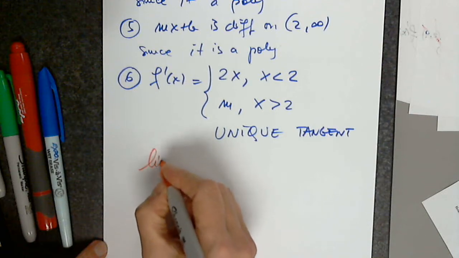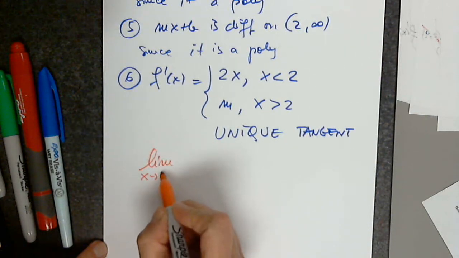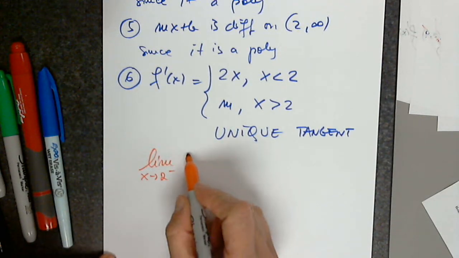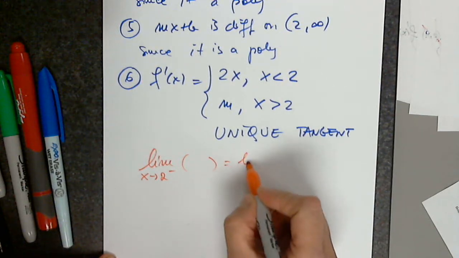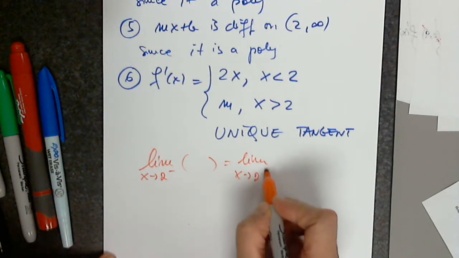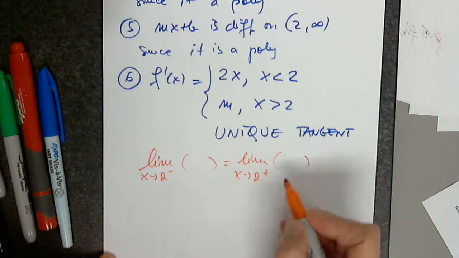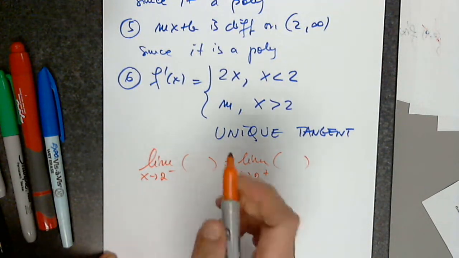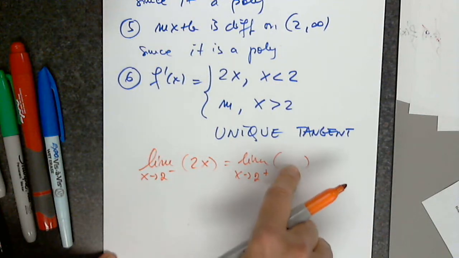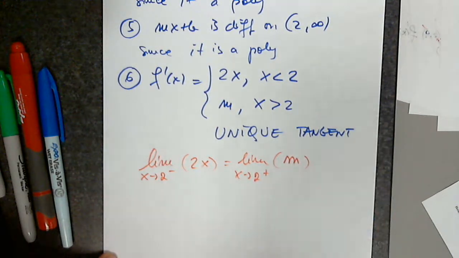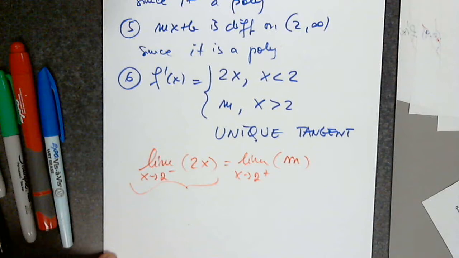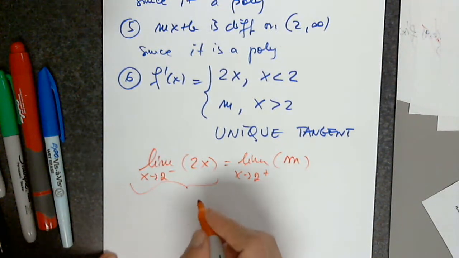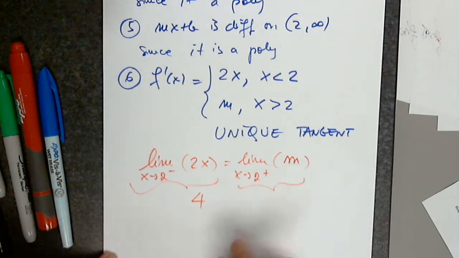So then the limit as x approaches 2 from the left must equal the limit as x approaches 2 from the right, and you tell me what goes in here? How much is this? Good. How much is this?